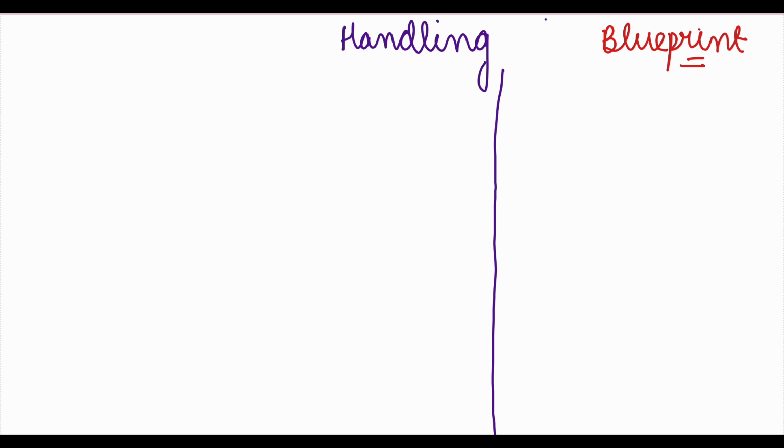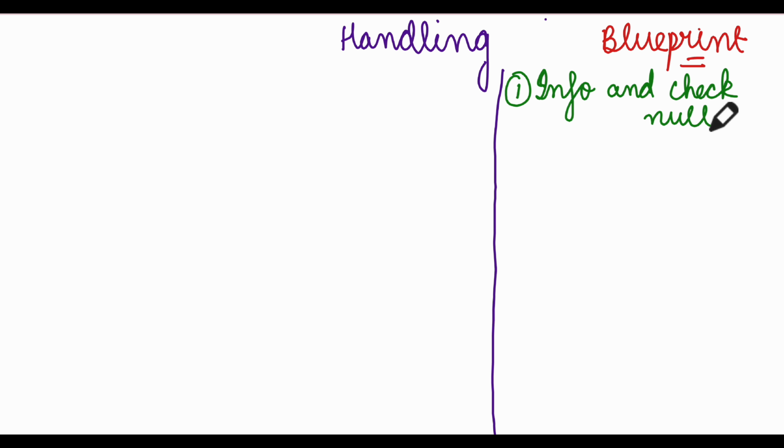So remember, the blueprint is that whenever you get the data, the first step you need to do is list if you have any information. So basically you have to use info, and you need to check nulls. First of all, check how many nulls are there. We need to know which variables have missing values, how many rows have missing values.